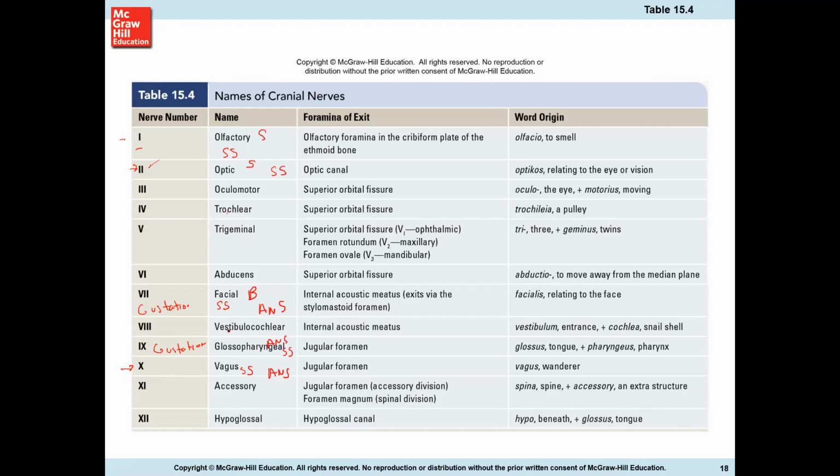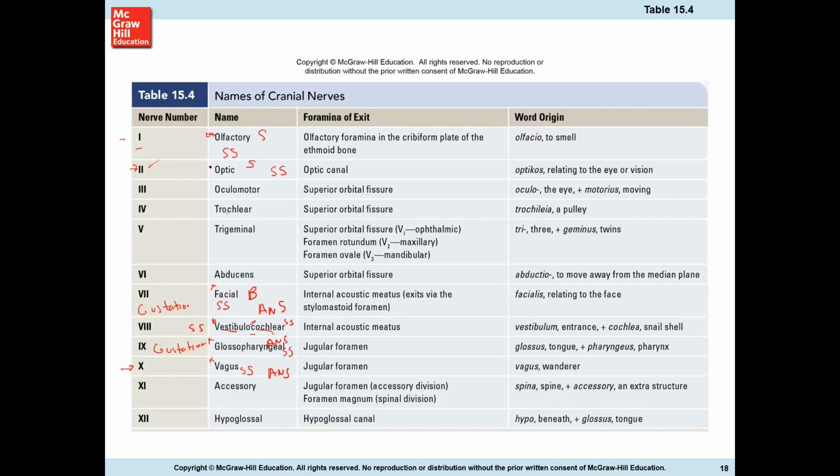Vestibular cochlear is both. So this is special sense as well, because cochlear is hearing and vestibular is balance. So those are all your special sense nerves. So the special senses are olfaction, taste, which is gustation, and vestibular balance, and cochlear is the same nerve, cranial nerve 8.